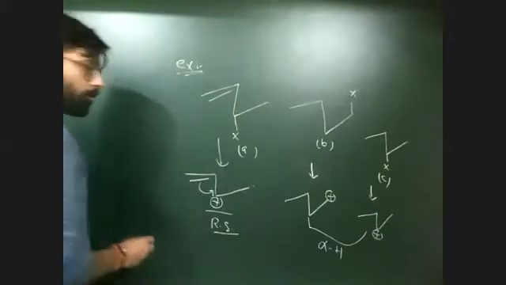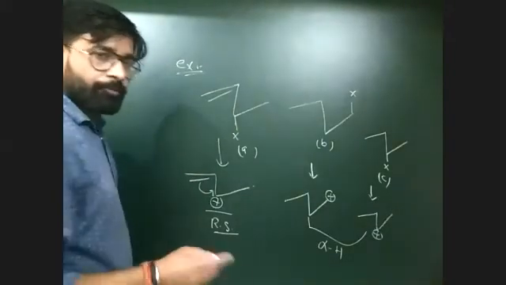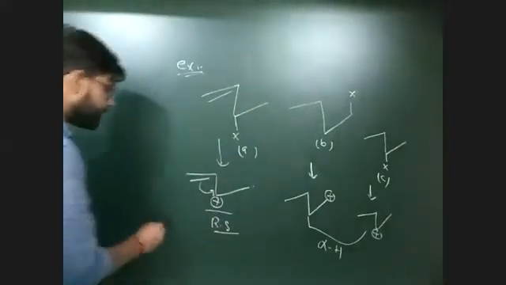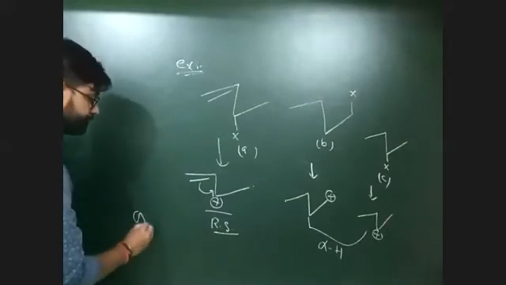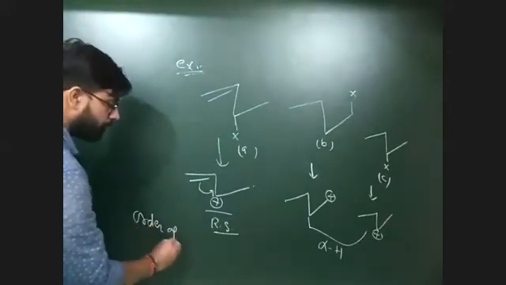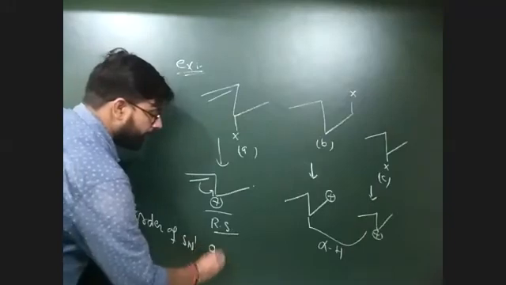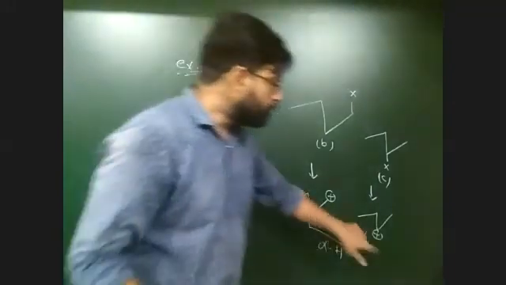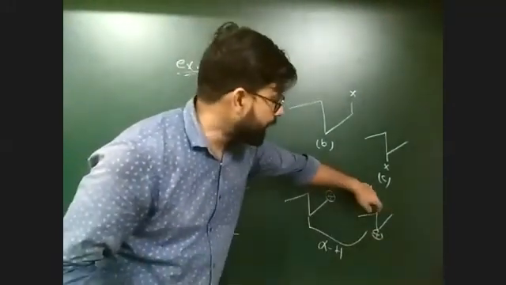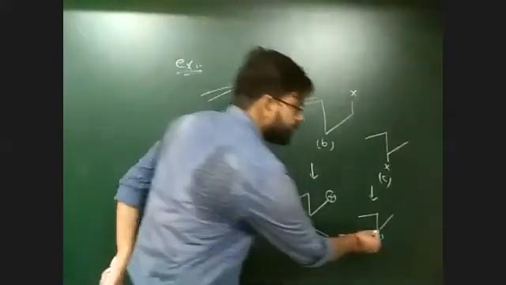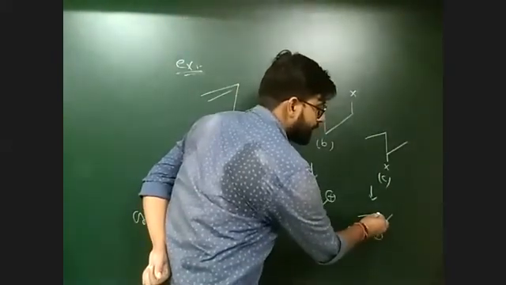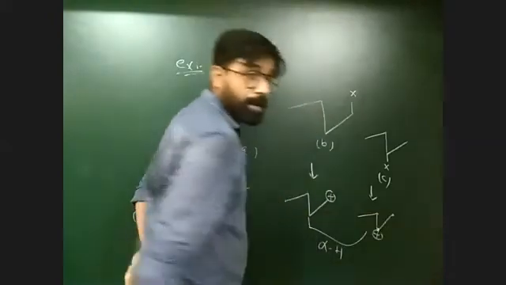So the order of SN1 reactions, which occurs first: the order is A. In these two, C has more alpha carbons, because this is the carbocation. Here is the alpha carbon and here is the alpha carbon.